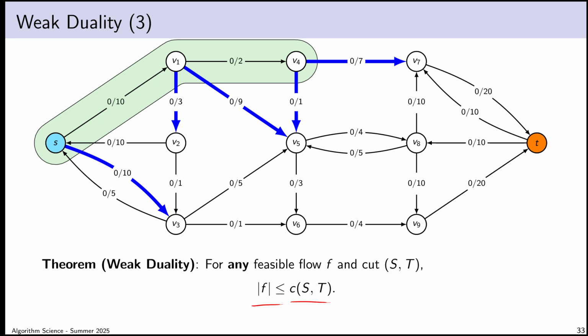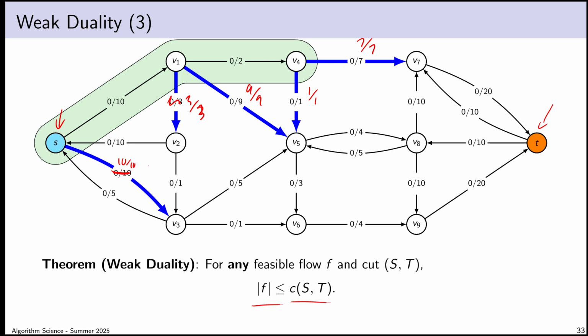Using a combination of the things I've just said, any flow that gets from S to T needs to pass over some combination of the edges leaving that cut. And so if all of those edges are full, then no more flow can go from S to T. If I happen to saturate every single one of these edges, then there is no way that any flow could exist that uses any more, that I could push even one more unit of flow from S to T.